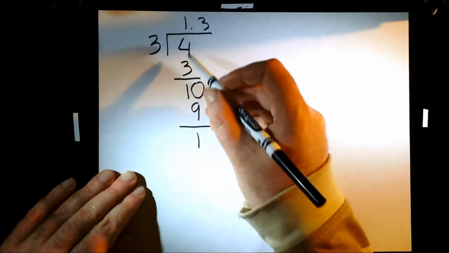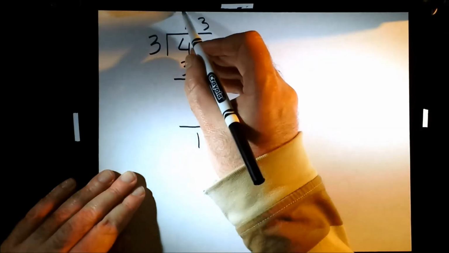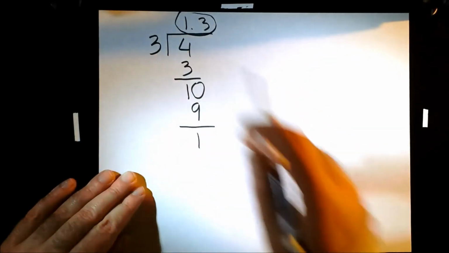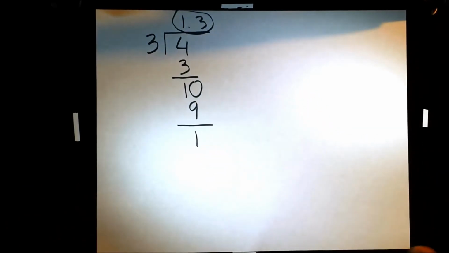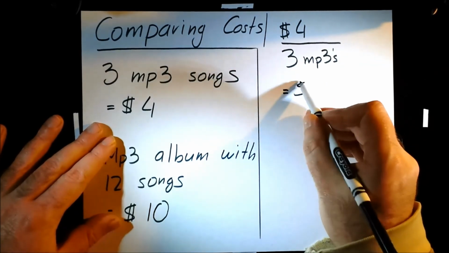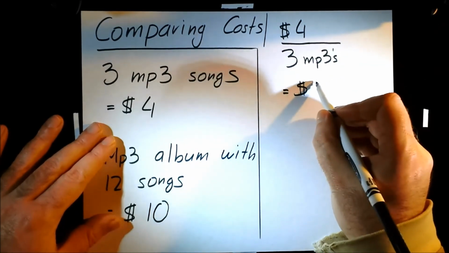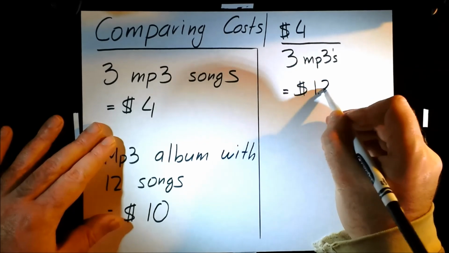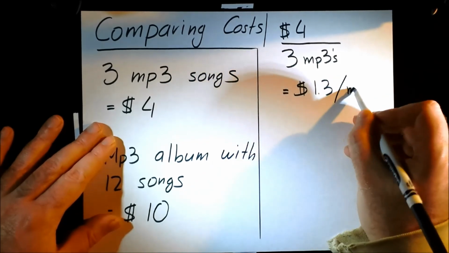And you can see this is going to be the same repetition. It's approximately 1.3. I can make this more accurate, but I think it's going to be 1.33333. This is good enough for us. We're going to estimate. So we just found that it's about $1.3 per MP3.